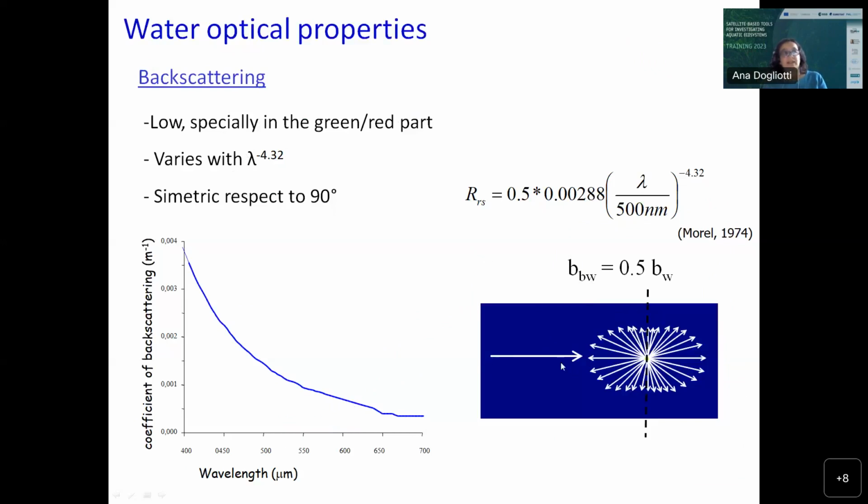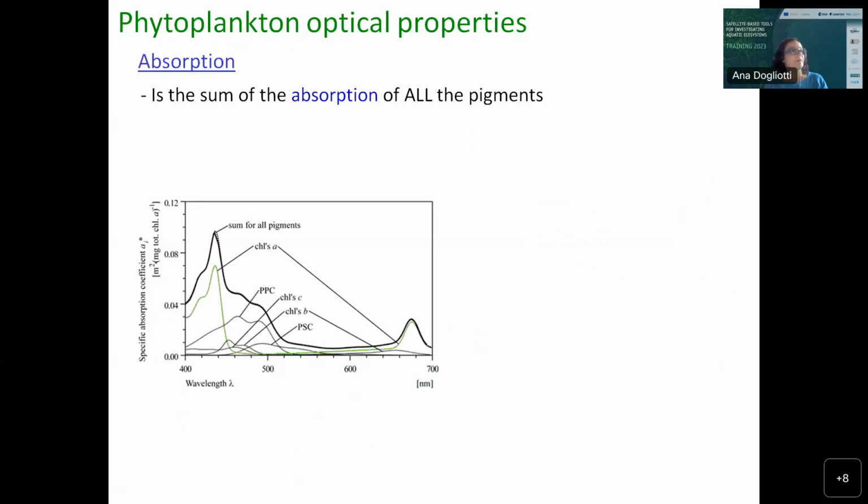This means light coming this way interacts with a water molecule, and the light is scattered in all these directions in a symmetrical way. So basically, the backscattering of the water is half the total scattering of the water, which simplifies a lot of the equations.